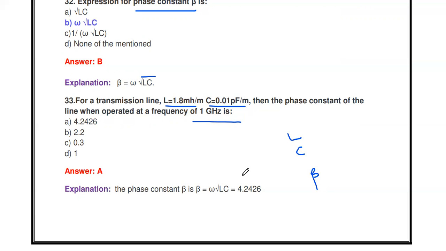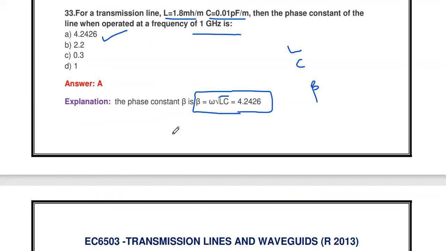Already you know the relation between beta and L and C. Beta equals omega into square root of LC. L and C are given, and for omega, the frequency is given: f equals 1 giga. So omega equals 2 pi f. You substitute the f value, L value, C value, and we will get the answer 4.2426.